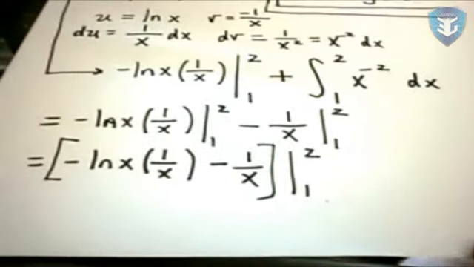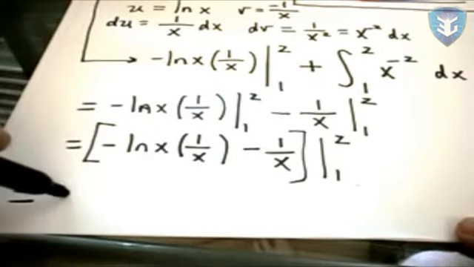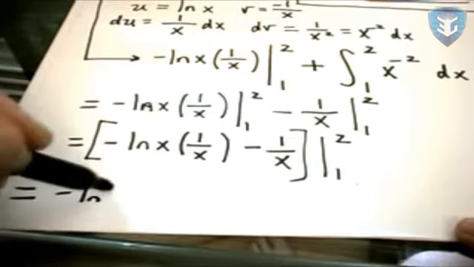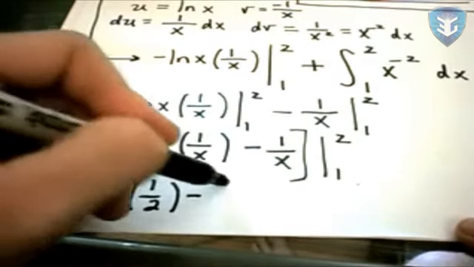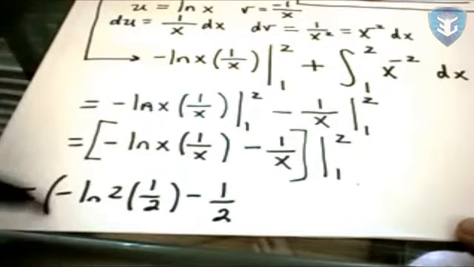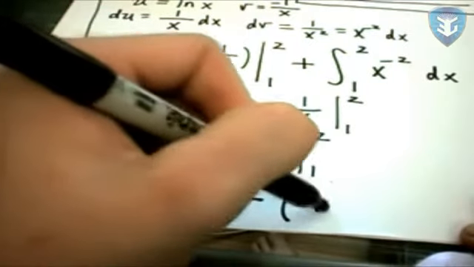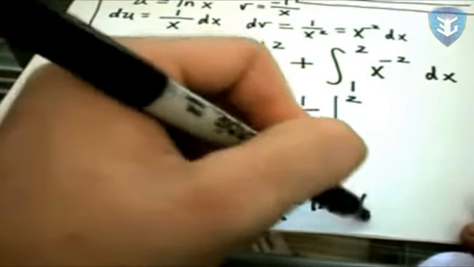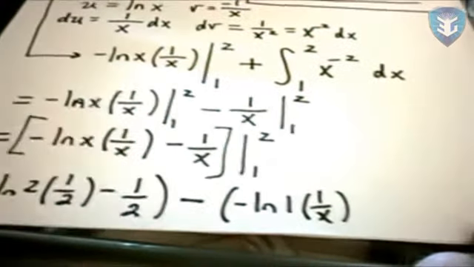Okay, here we go. I'm going to plug in the upper limit now. If I plug in 2, I'll get negative ln of 2 times 1/2 minus 1 over 2. There's the upper limit. And then I'll subtract away the lower limit. I'll get negative ln of 1 times 1 over 1. And then I'll subtract away 1 over 1 from that.